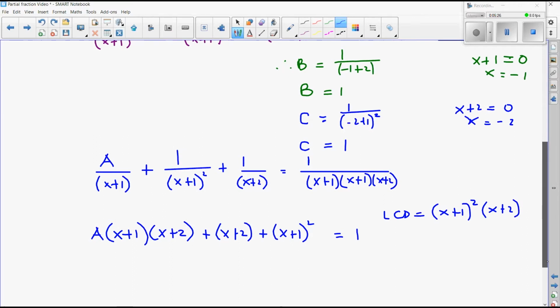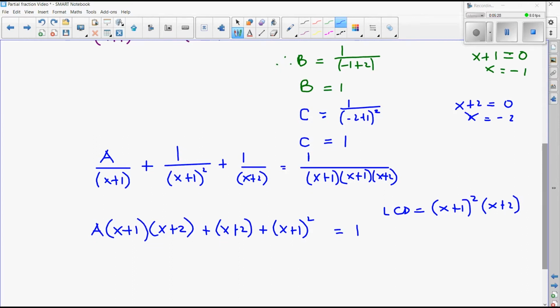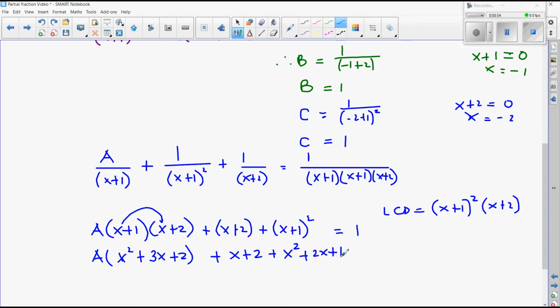So I'm going to remove the brackets. I have a, and if I multiply using the method of FOIL or the distributive law, I will get x squared plus 3x plus 2, plus x plus 2, plus, I multiply x plus 1 squared, so it's x plus 1 times x plus 1. I will get x squared plus 2x plus 1, and this equals 1.